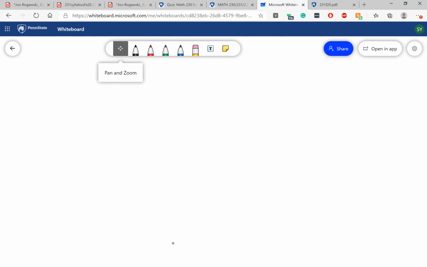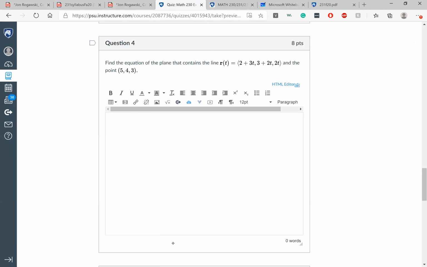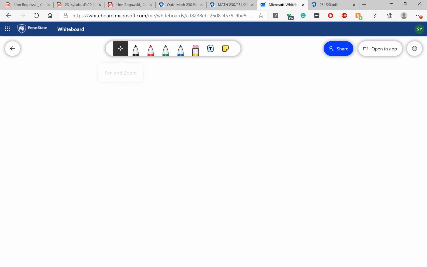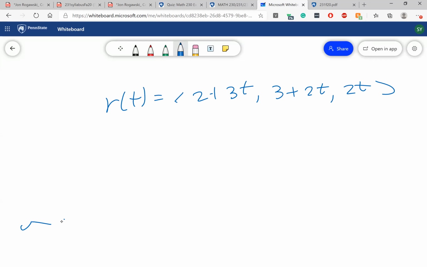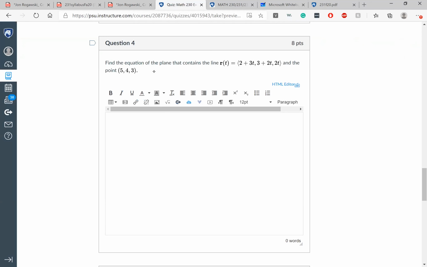Okay. So in our situation, our line is R of t equal to 2 plus 3t, 3 plus 2t, and 2t. Okay, that's it. My computer is a little slow. Ah, perfect. And then the point Q is equal to 5, 4, 3.